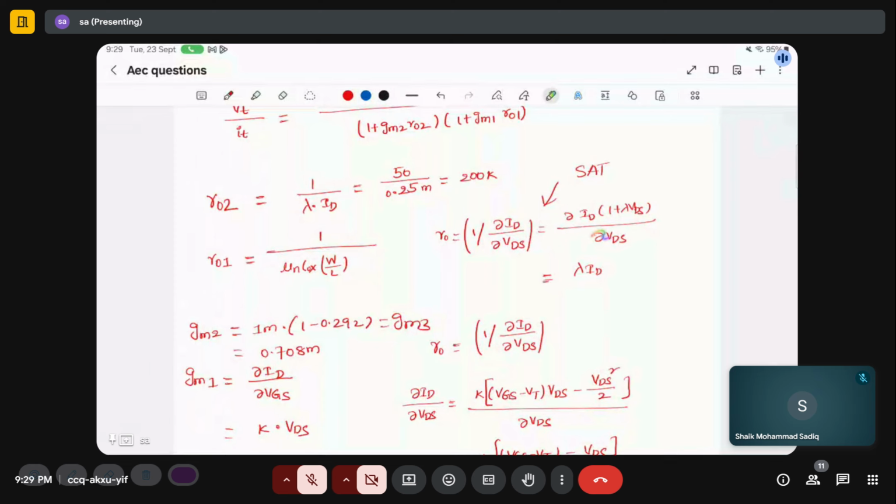When it comes to saturation condition, the current is given as ID into 1 plus lambda VDS. If you differentiate with respect to VDS, you will get lambda into ID.